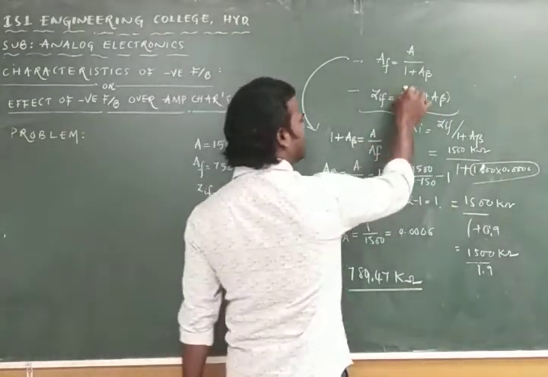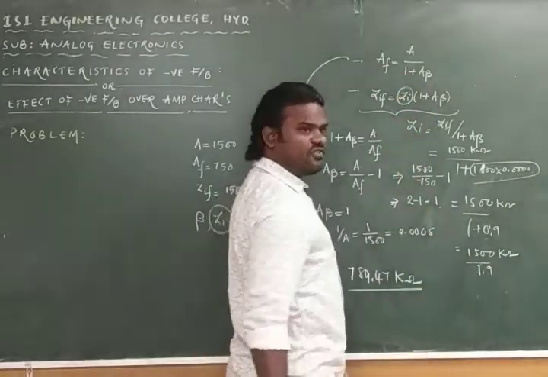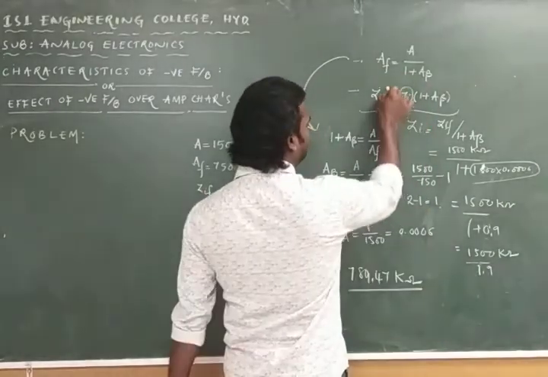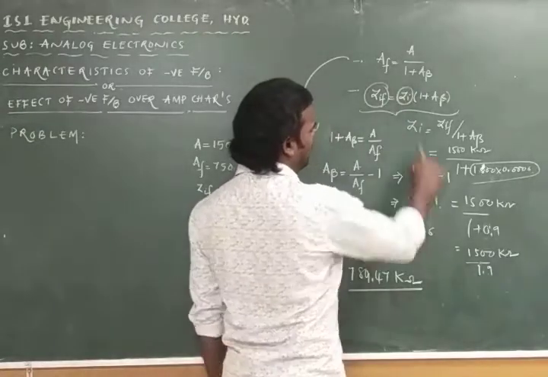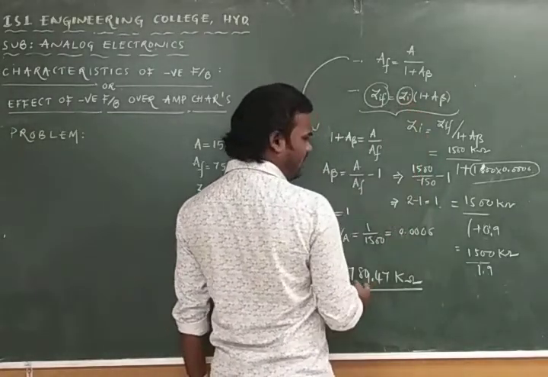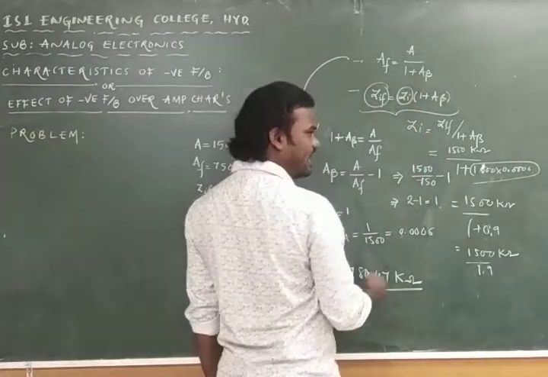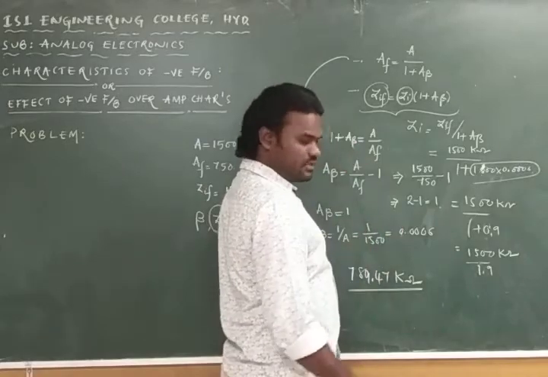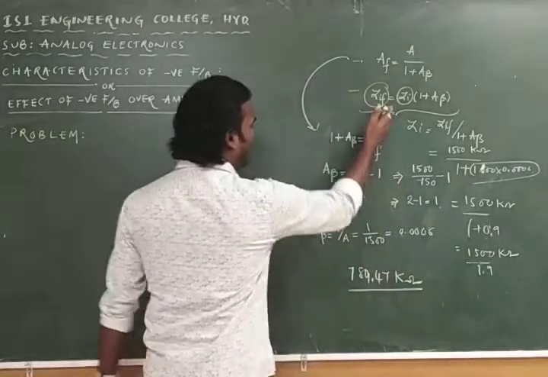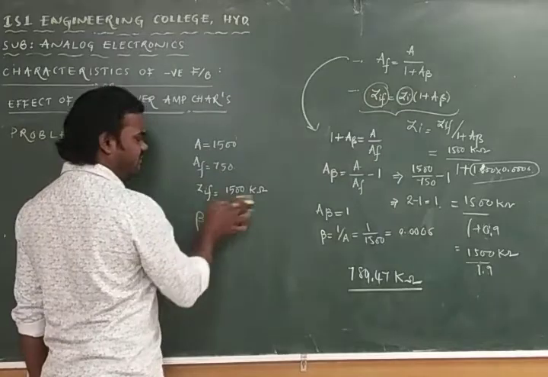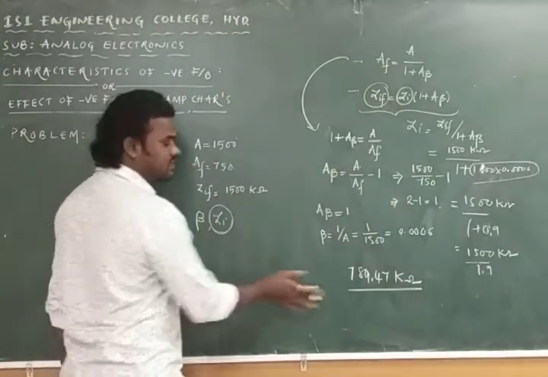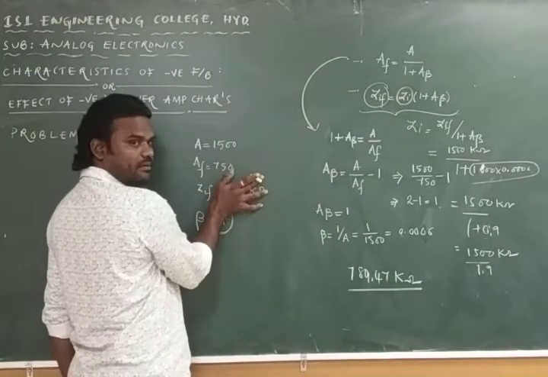This is what? Zi is what? With feedback or without feedback? Without feedback. Zif is what? With feedback. So that Zi, how much did we get? 789, say 790. And after employing the feedback, how much do we have? 1500. This is without feedback and this is with feedback.